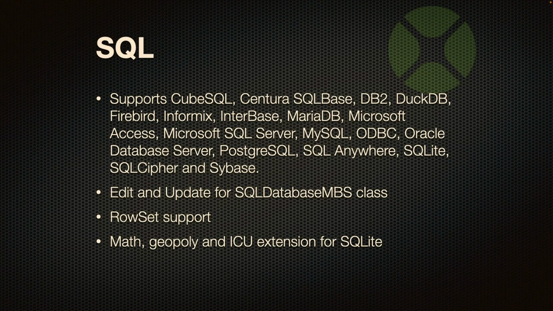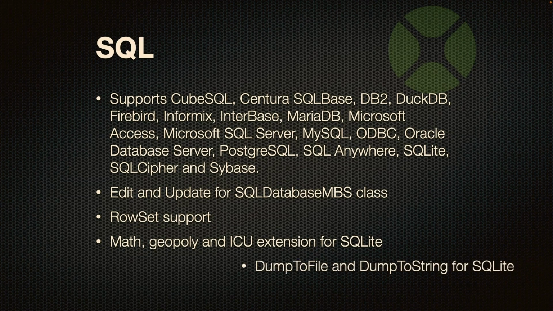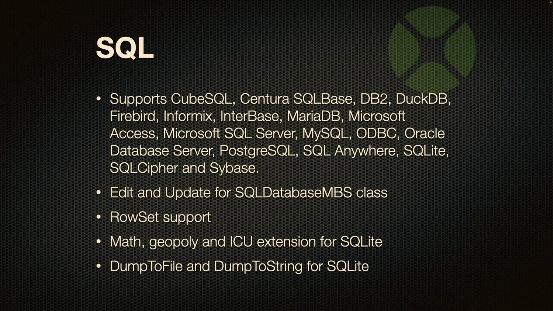So if you use the built-in SQLite database library in the plugin, you benefit from them. And also we got some nice functions to dump parts of your database into a text file. That's just like the SQLite command line utility, where you can export a table as SQL statements.